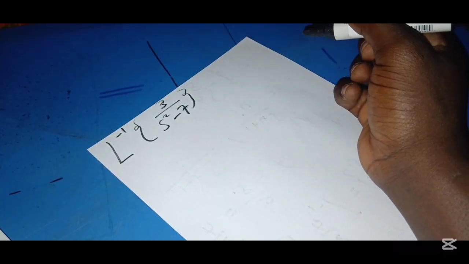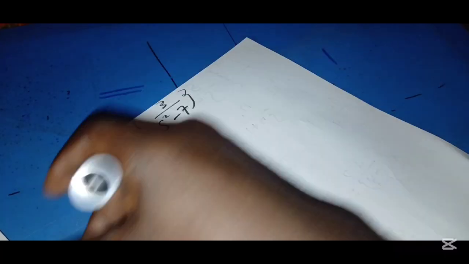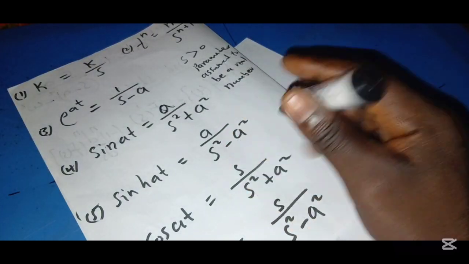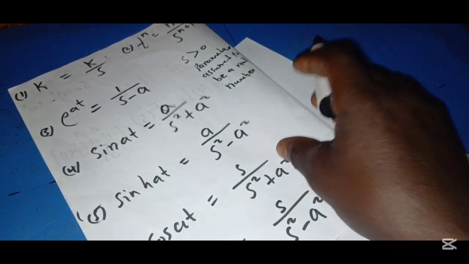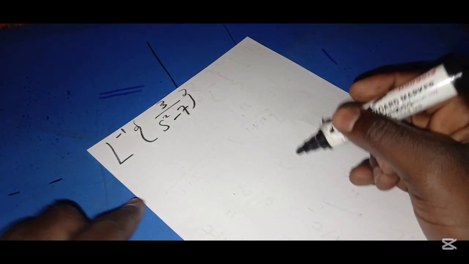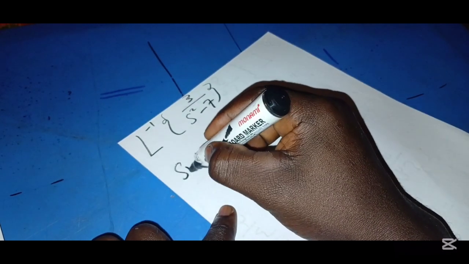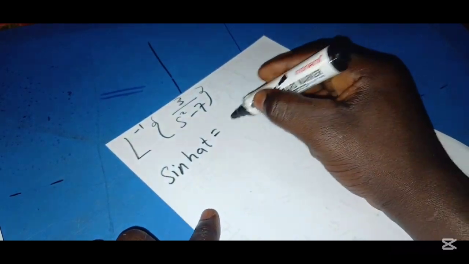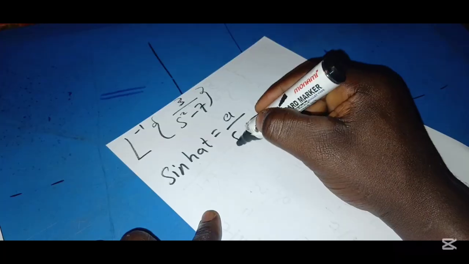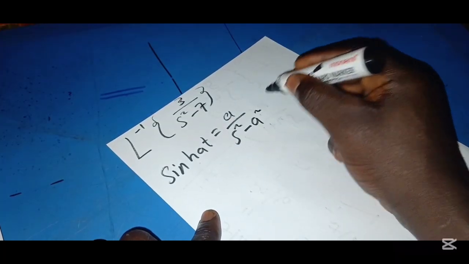And this will tell us that it is sinh at, right? Good. Let's go. So we know that it is a sinh function, which is a over s squared minus a squared.